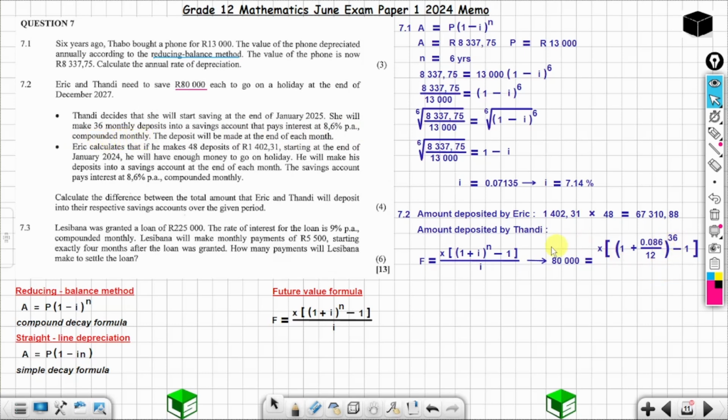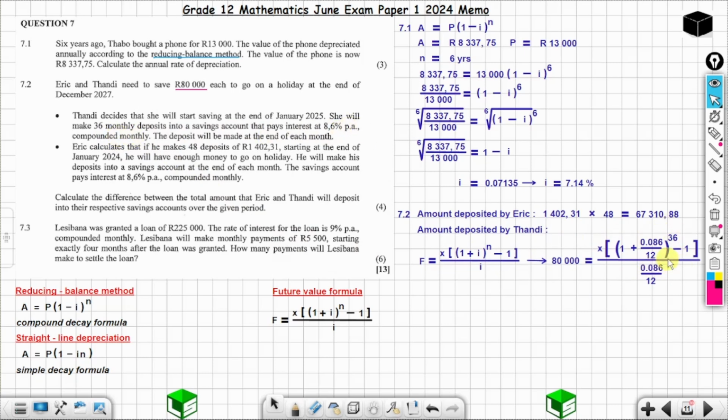To the power of n, which is 36, minus 1, over I, compounded monthly.